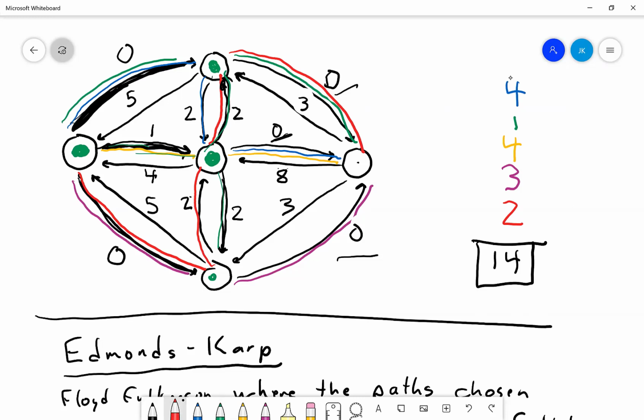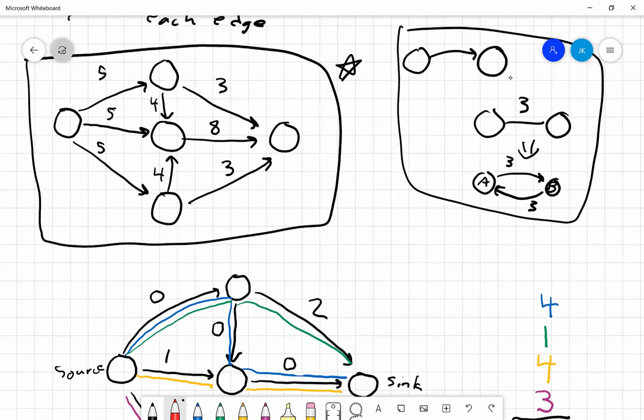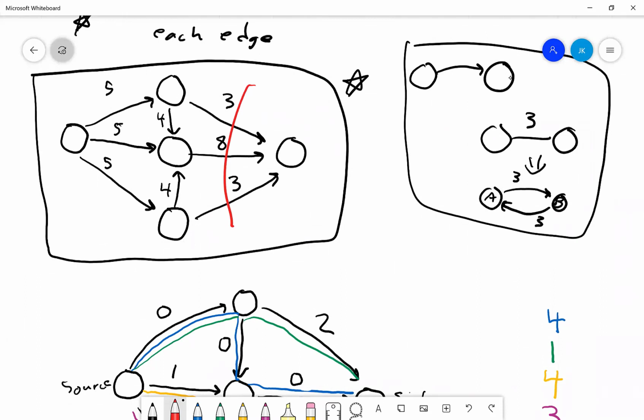And so the cut that I have in my graph is going to be the edges in the original graph from those 3 nodes to the end. And that's basically a cut going like this. It's going to cut those edges. And if you remember what we had all the way up here, that would be these 3 edges, and those have a total weight of 14. The weight that they have is the same weight as the max flow.